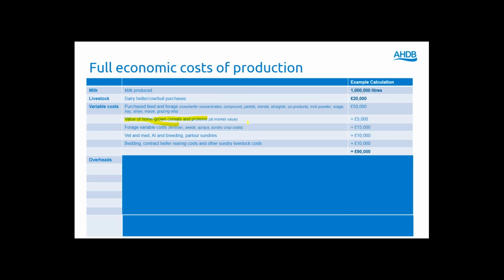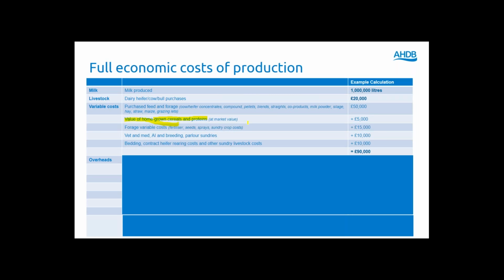But if you're growing whole crop and you assign the costs of growing that to the dairy enterprise, then effectively it's the costs of growing it as opposed to the value of the end product. Yeah, because there isn't so much a market, is there, for whole crop? There isn't necessarily a price per ton that's normally paid for a whole crop. So yeah, in that instance, it'll be the costs of producing that whole crop, definitely.